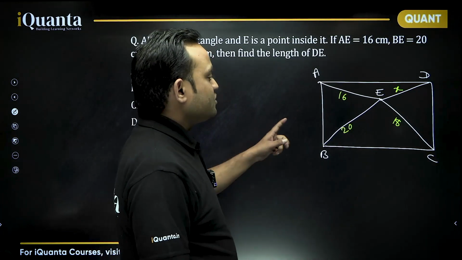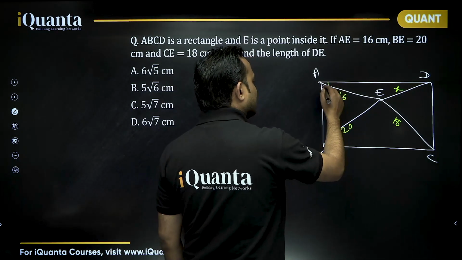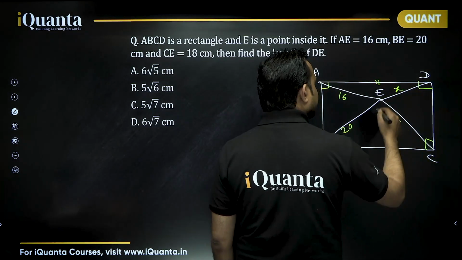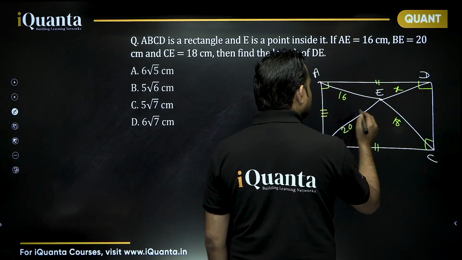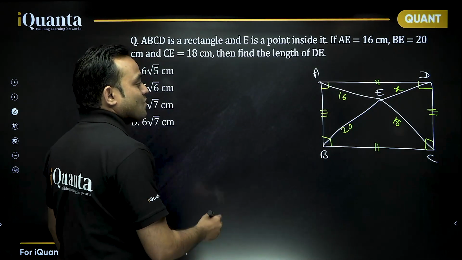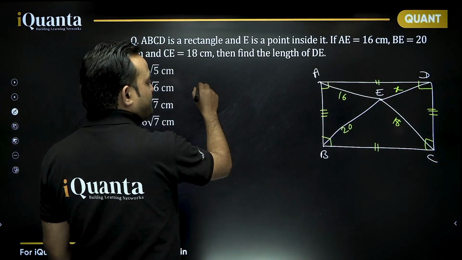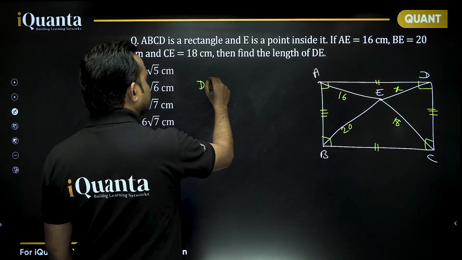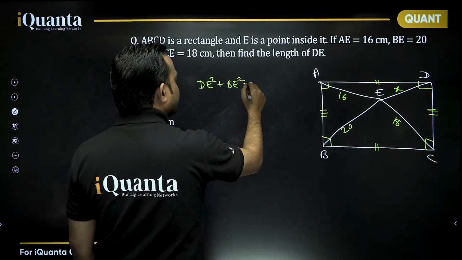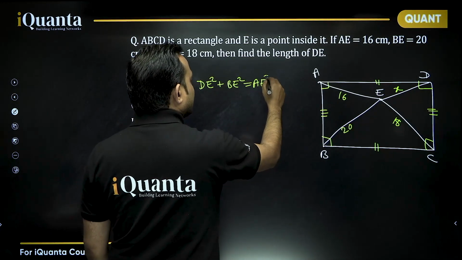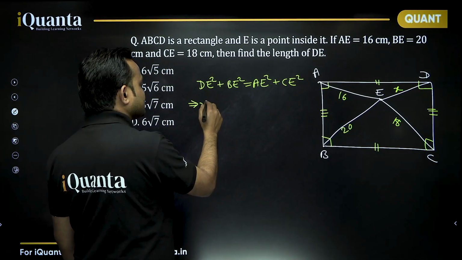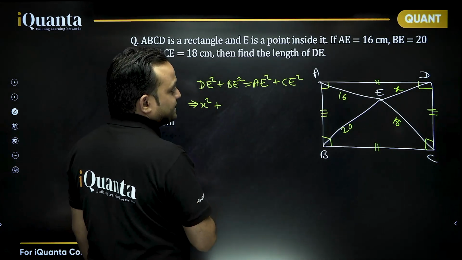Now, whenever you get a situation like this in a rectangle, where all interior angles are 90 degrees, opposite sides are parallel and equal, using the British flag theorem, we can say that DE square plus BE square will be equal to AE square plus CE square. From there, we can say X square plus BE is given.